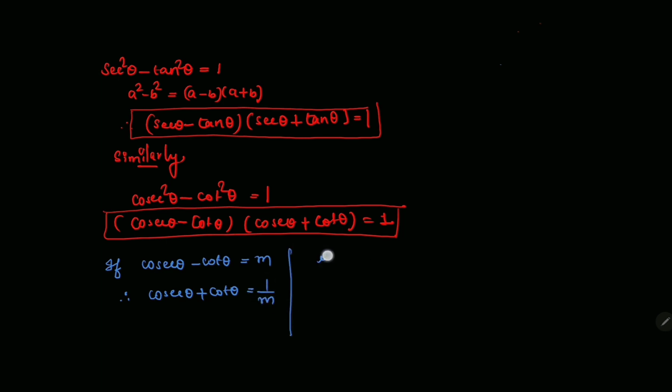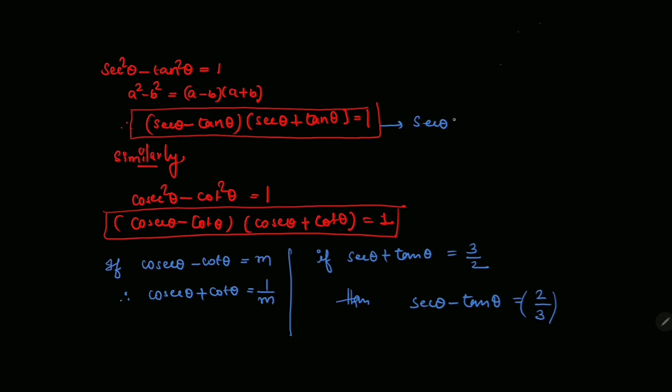Also, if sec theta plus tan theta is 3 by 2, then sec theta minus tan theta will be 2 by 3. So basically these are reciprocals.